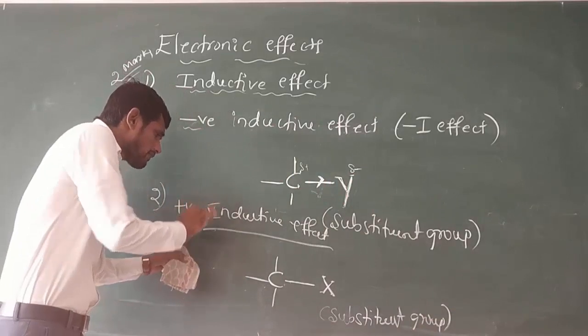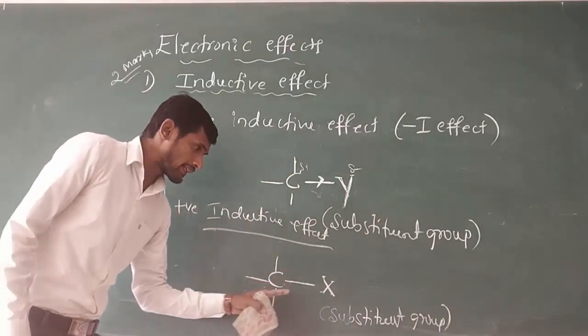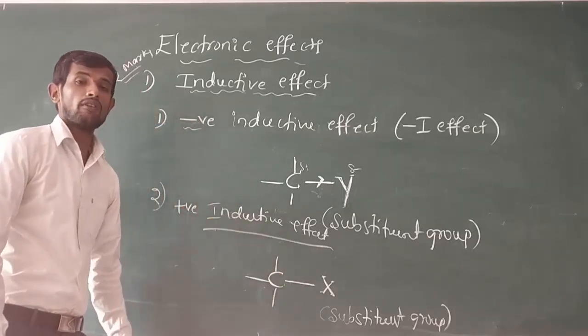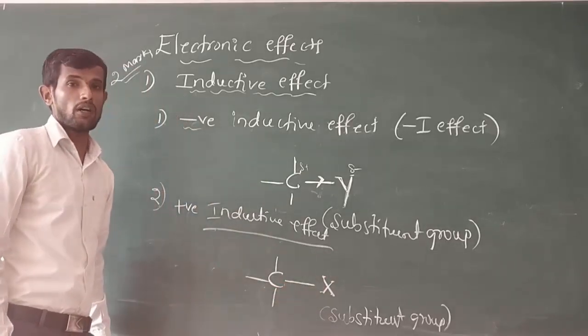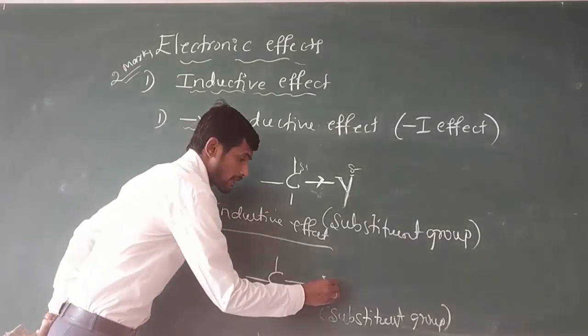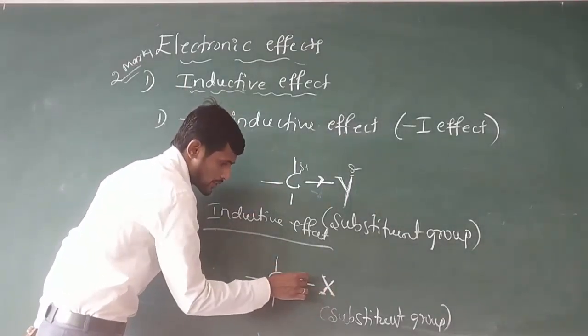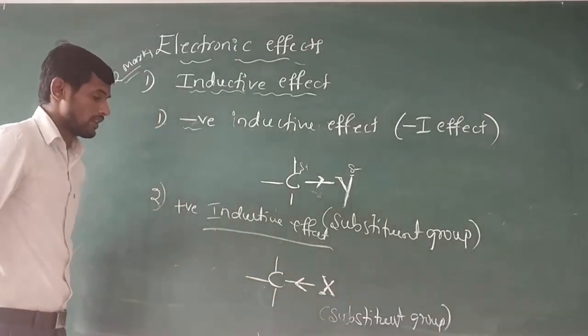Students, the positive inductive effect is observed when the displacement of the electron takes place away from the substituent group or away from the attached group. Here I show the displacement of electrons like this.